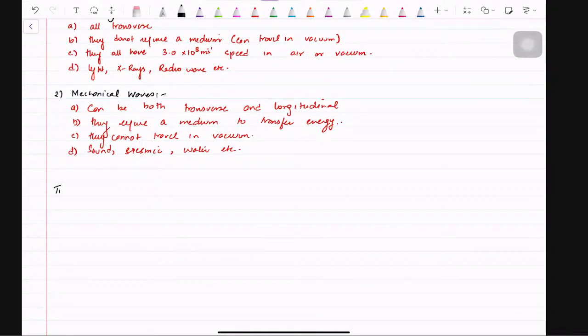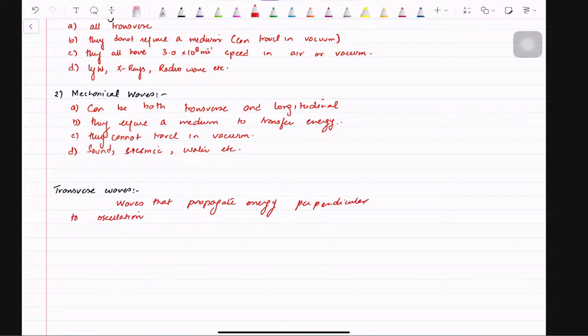So transverse waves are defined as waves that propagate energy perpendicular to oscillation. So this word is the key word you guys need to remember. What it means is that they look like this.